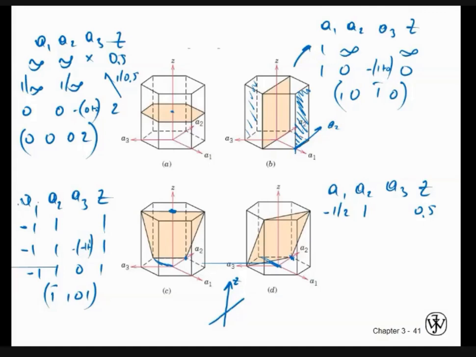So this plane goes through the Z axis. It is 0.5. Reverse it, it will be -2, 1, +2, and A3 will be -2 plus 1, so -2, 1, +1, and 2. And close it in a bracket. And that's it.